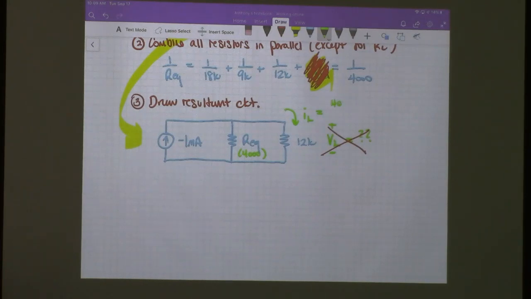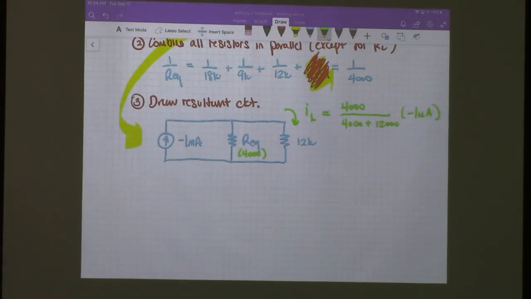It'll be 4,000 over 4,000 plus 12,000. It's so messy here. Hold on. Let me write this clearer. Okay. IL is equal to 4,000 over 4,000 plus 12,000 times negative 1 milliamps.